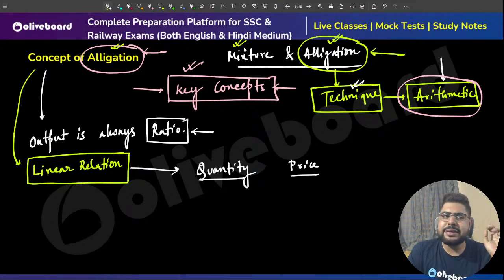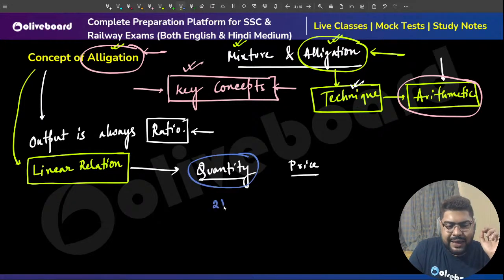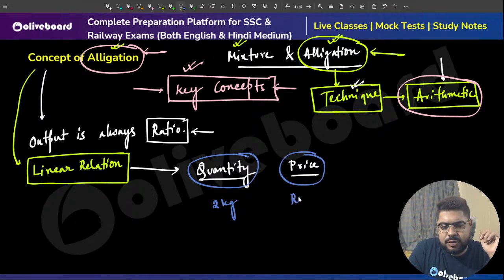Please understand this: if 2 kg of rice costs rupees 100, then can I say 4 kg of rice will cost us rupees 200, double?